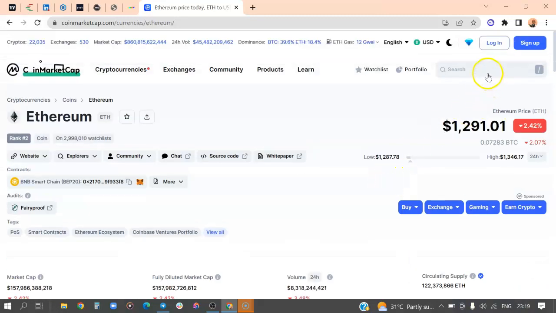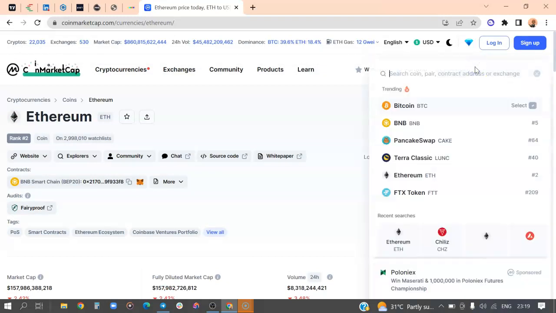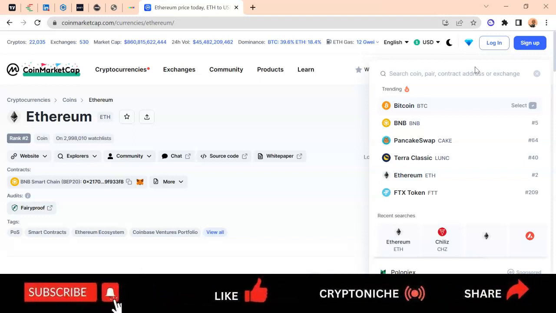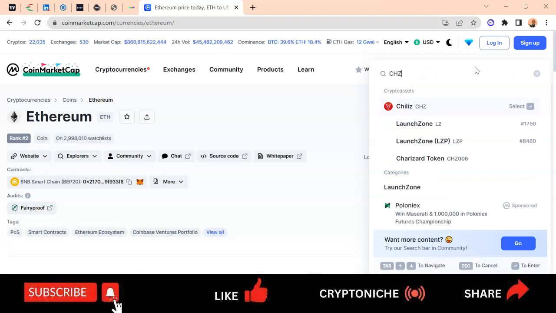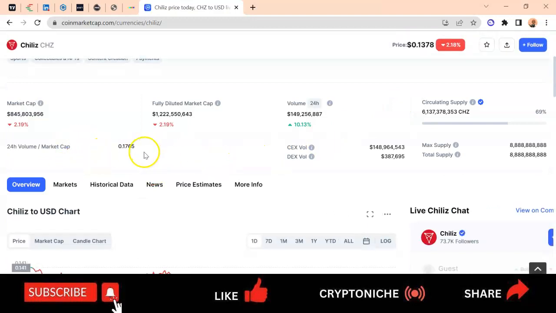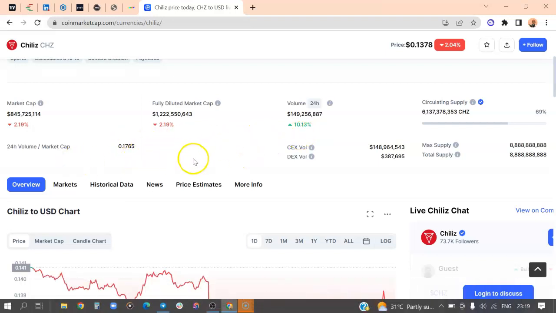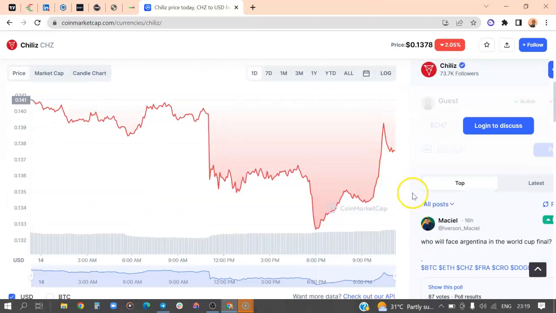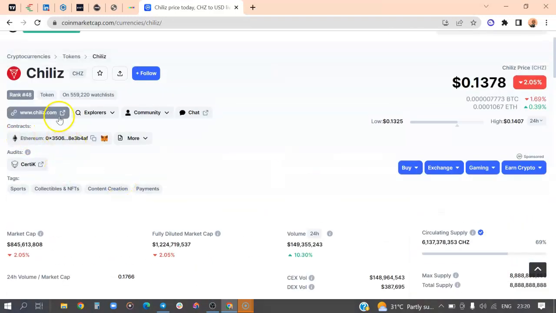And Chiliz right here, CHZ, is at 0.176. Only a few crypto projects right now have more than 0.1 volume to market cap ratio, and they've got their own blockchain.